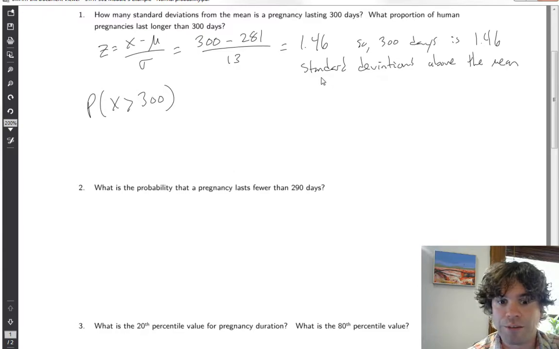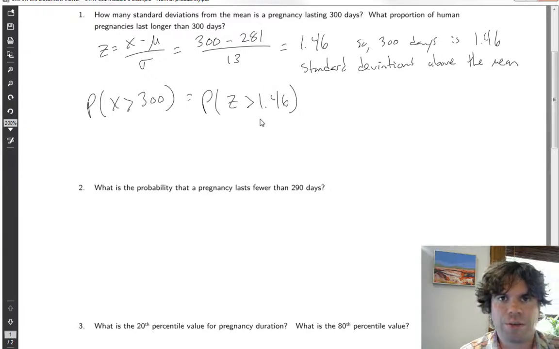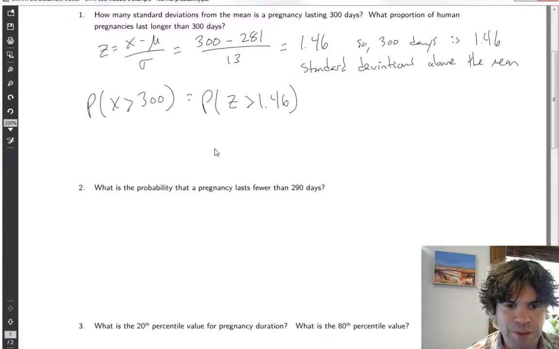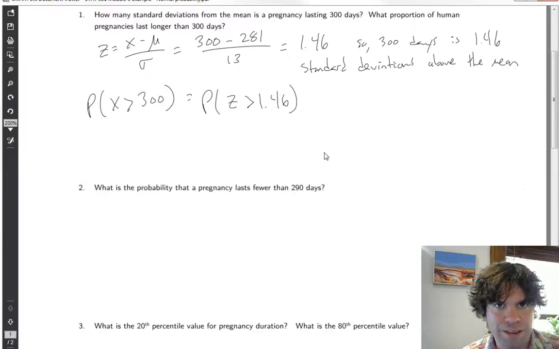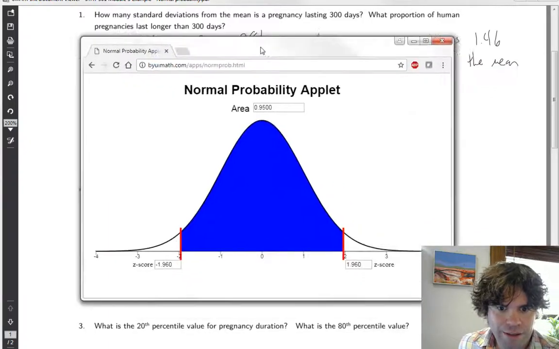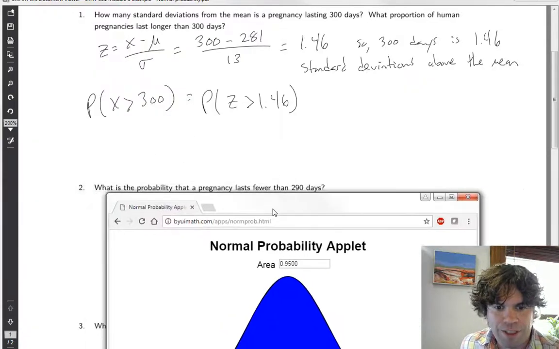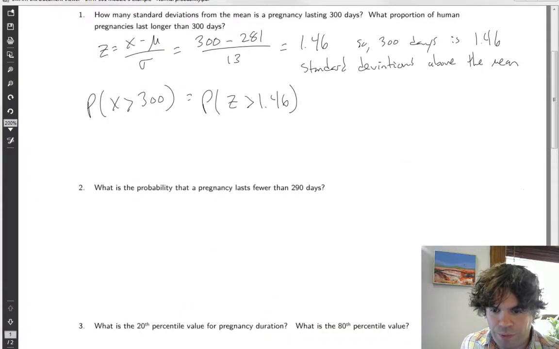And we know that that's equivalent to the probability that z is greater than 1.46, because we just converted 300 to 1.46. Now, the only reason we can do this is because we're assuming that pregnancy length is normally distributed. If I am willing to make that assumption, then I can use this normal probability app and figure out what's the probability that z is greater than 1.46.